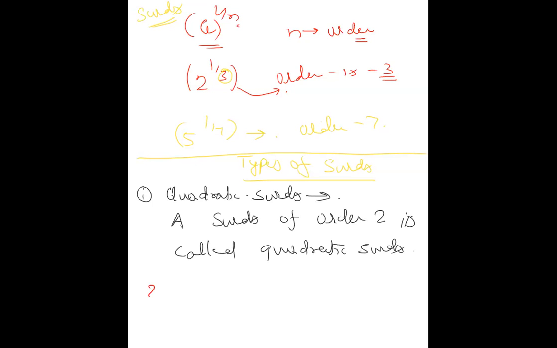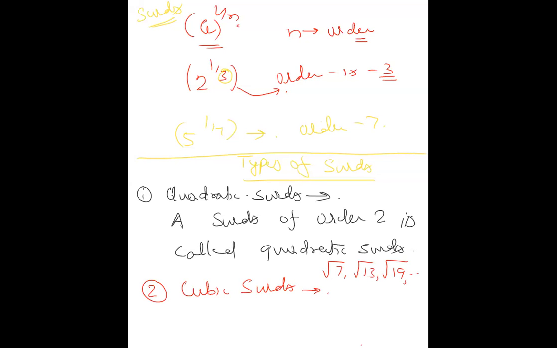Second, cubic. Example for the first will be root 7, root 13, root 19, and so on, right? Cubic. Help me, what is the meaning of cubic surds? Very good. Power is 1 by 3, means power 3.